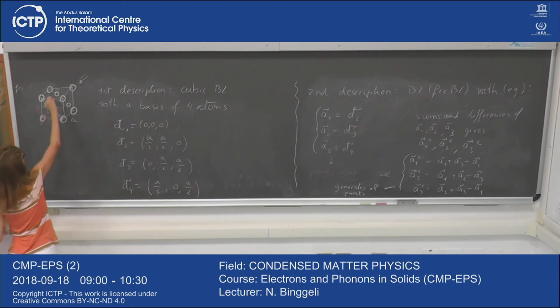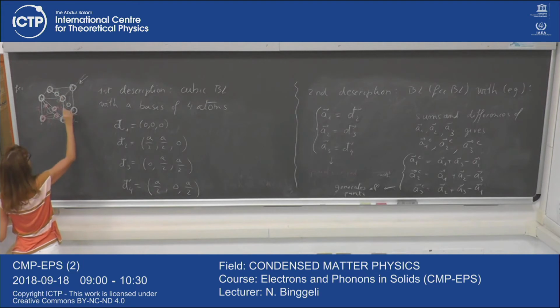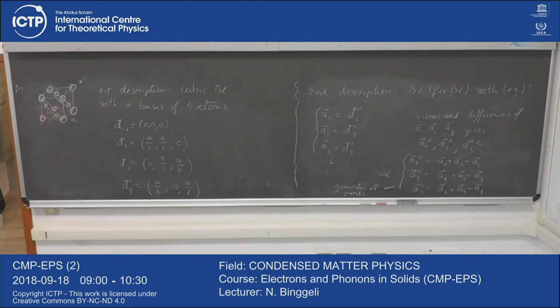And here I have another plane of atoms that goes through the diagonal of the face here, and in the back of the cube on the diagonal of the face here. So I have another layer of atoms, and these atoms actually form a triangle.